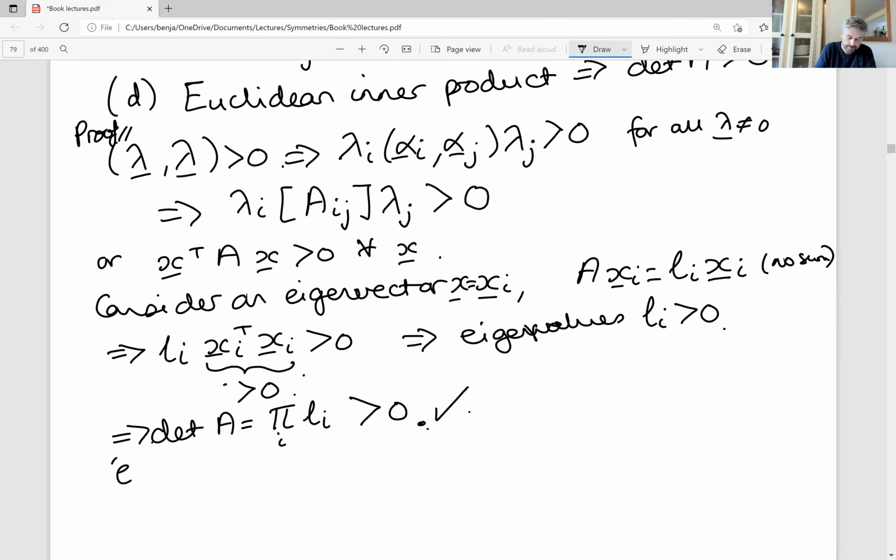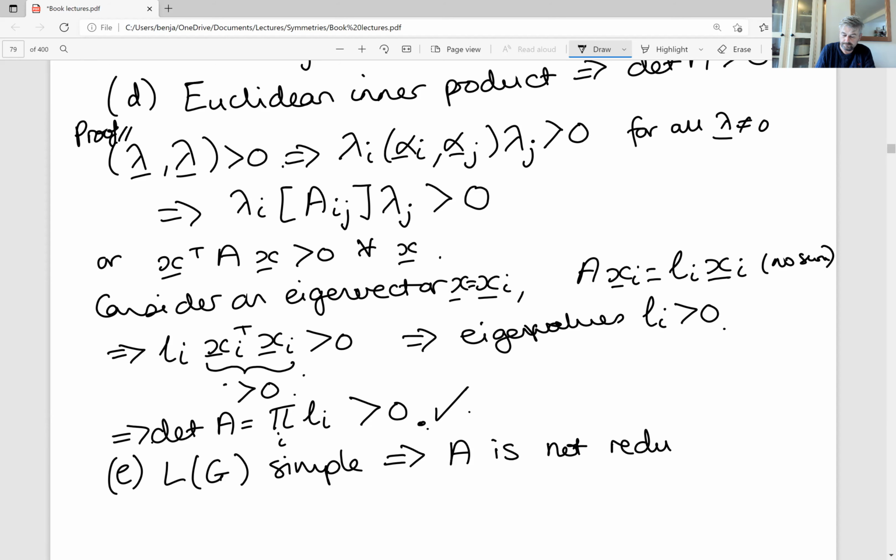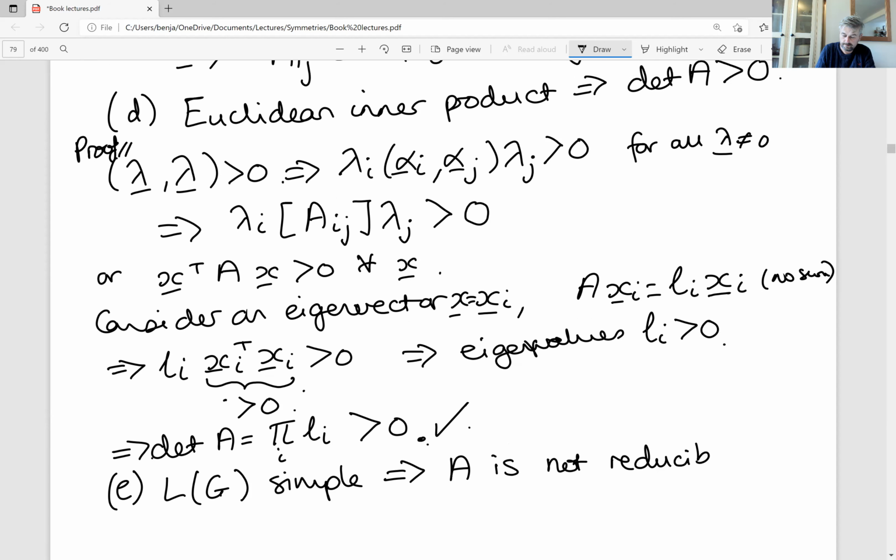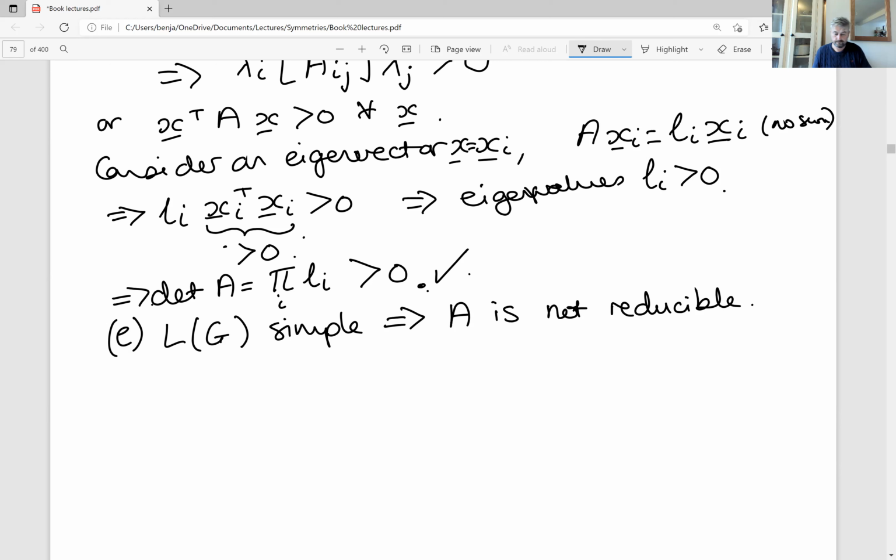Okay, so taking this case of simple Lie algebras, this means that A is not reducible. It's not in block diagonal form. Okay, let's take an example, simplest example.